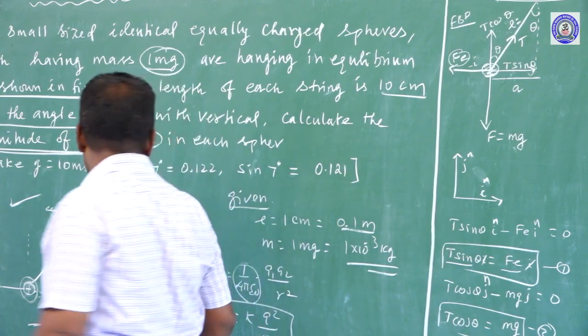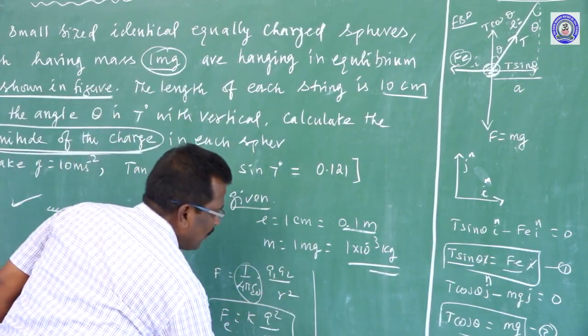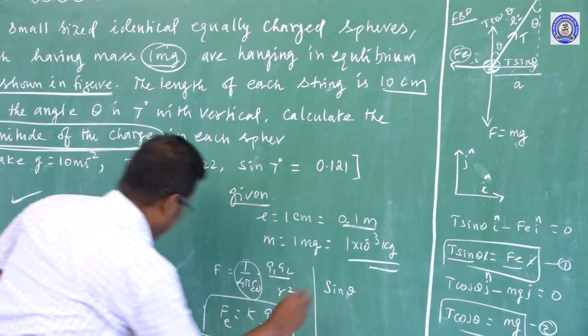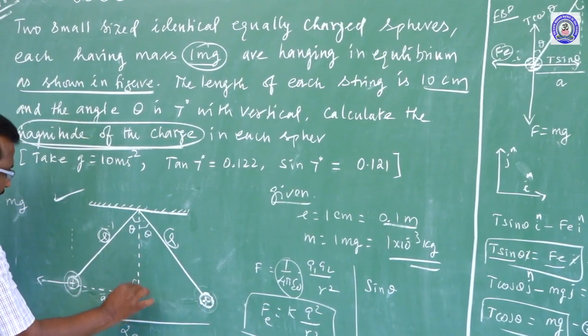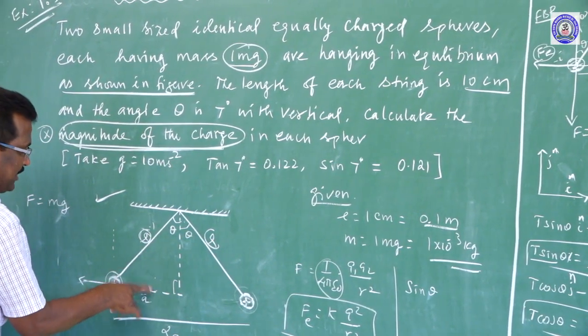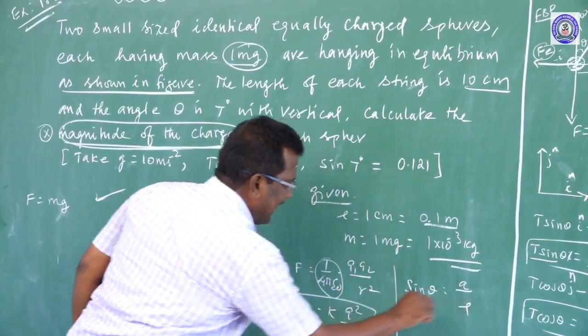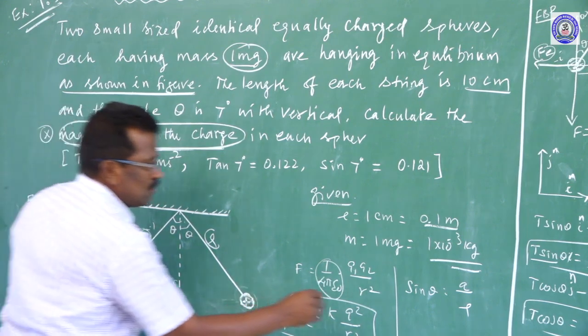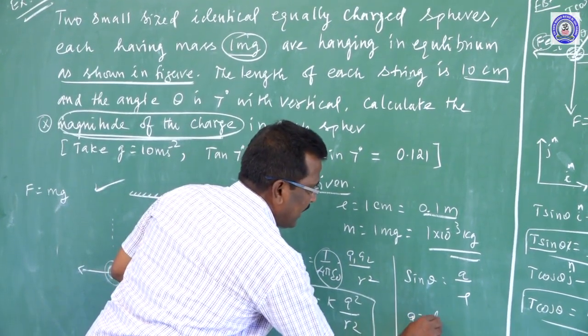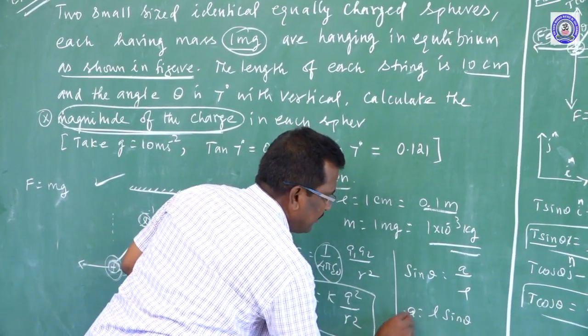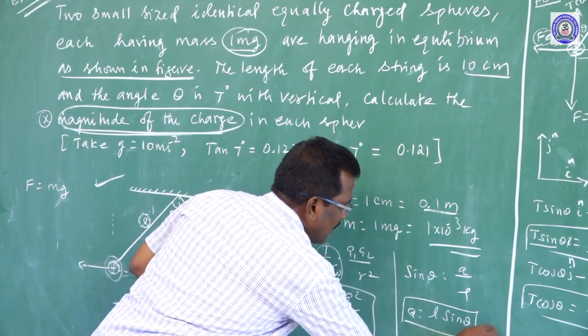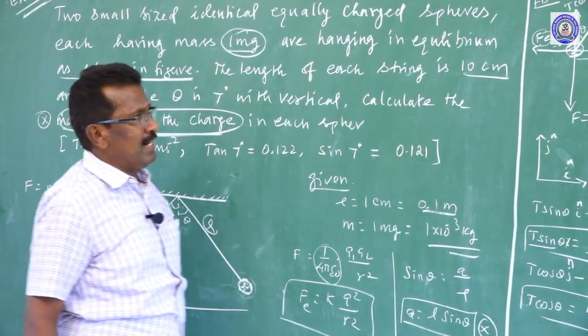So in this right angle triangle, sin theta is equal to opposite divided by hypotenuse. Opposite is A, hypotenuse is length L. So A is equal to L sin theta.